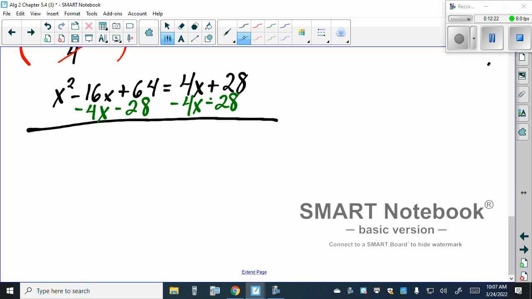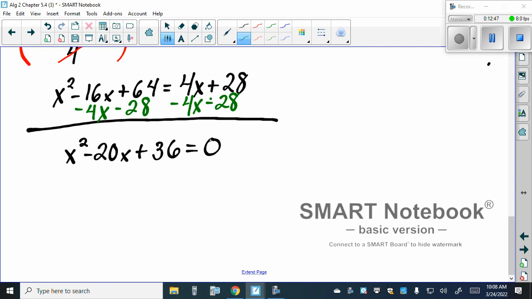Or already ran out of room. Which would give us x squared minus 20x plus 36 is equal to 0. Do we want to factor, graph, or quadratic formula?